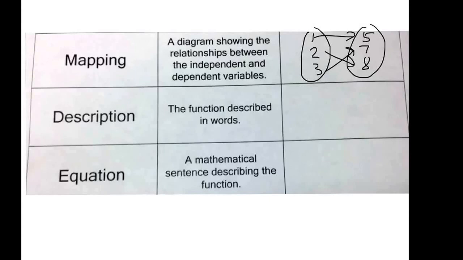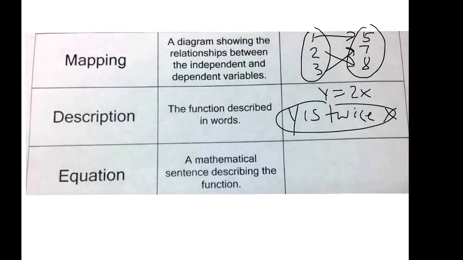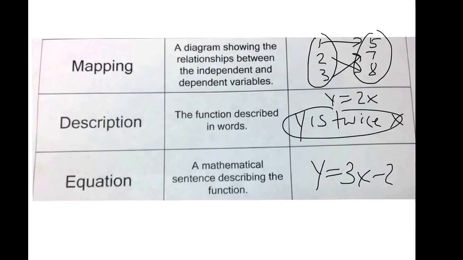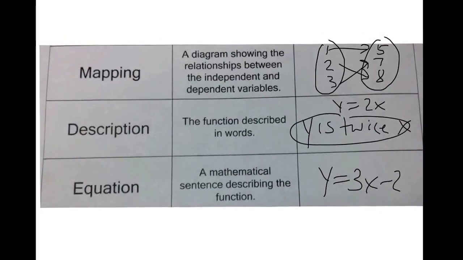A description is just going to be in words. So we might say something like, y is twice x. And so that would be the same as saying y equals 2x. So we would just say it in words, a verbal description of it. Okay? An equation is an equation. We know about those, like 3x minus 2. It just has an equal sign, with numbers and letters on each side.